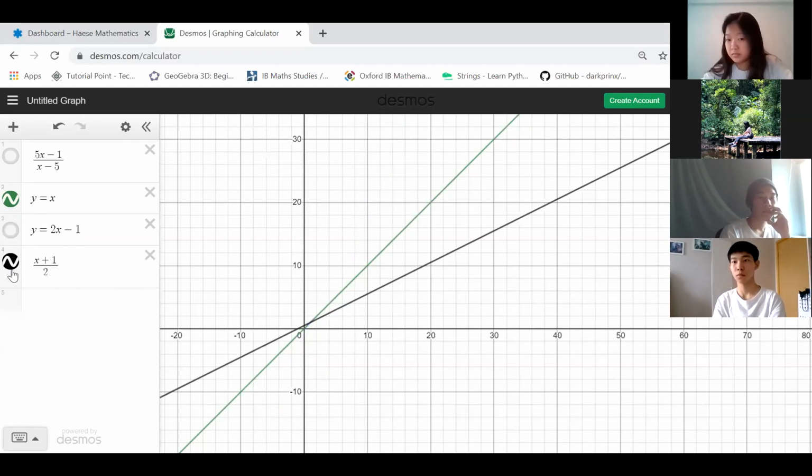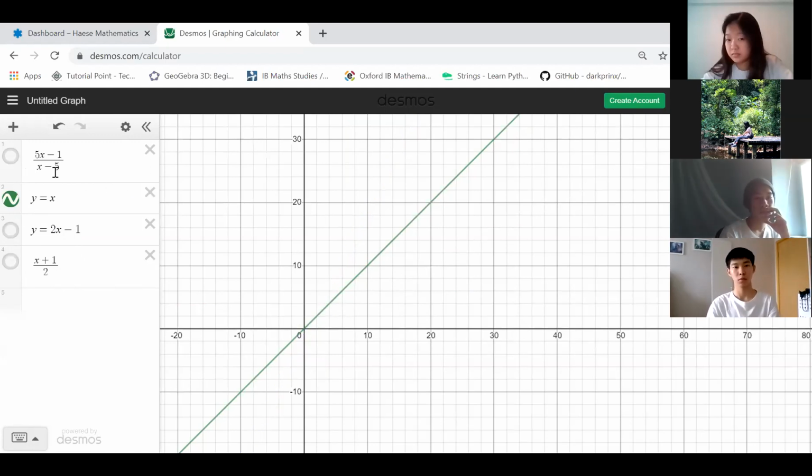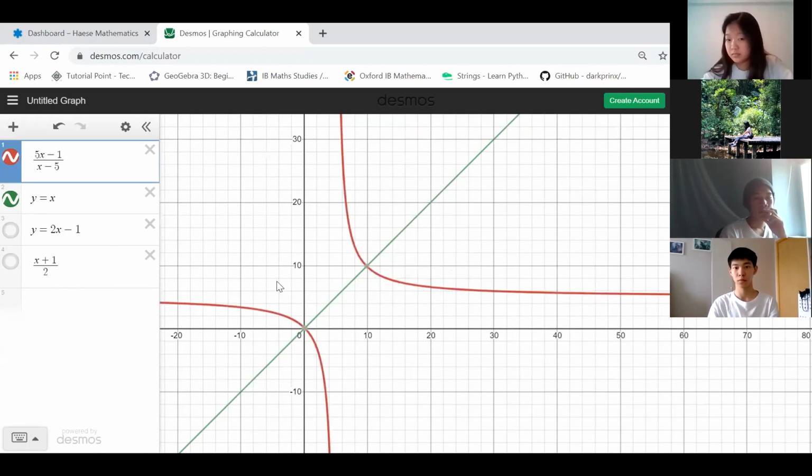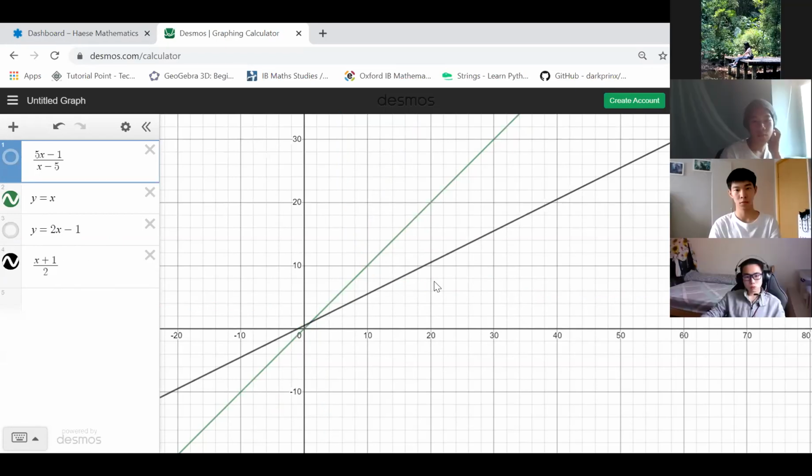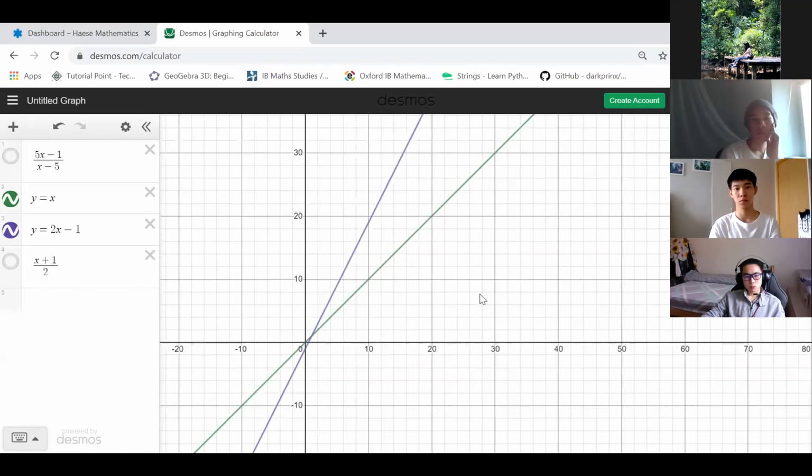In this case, the symmetry occurs with only the one function. That symmetry is missing if I plot only this one. If I plot only this one, there's nothing like a symmetry here.